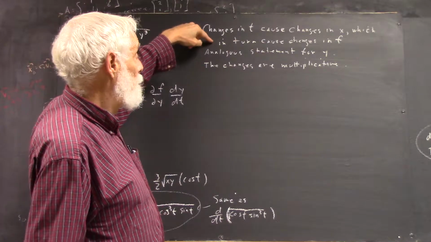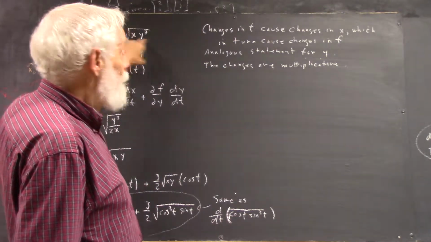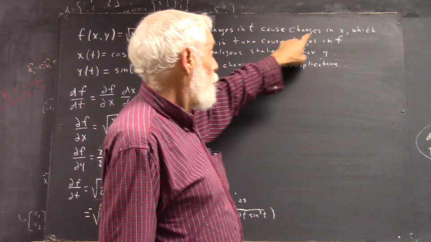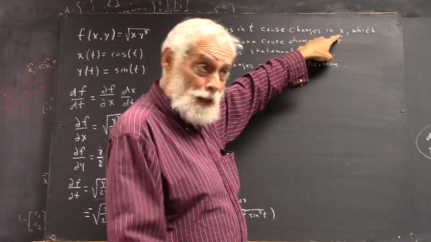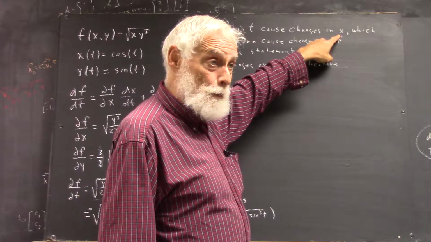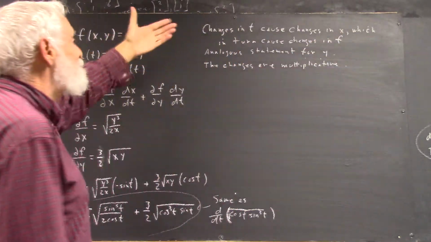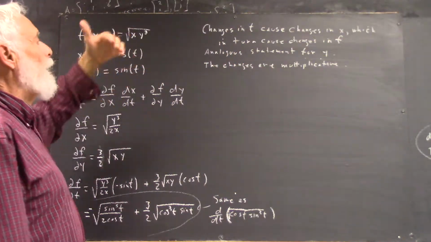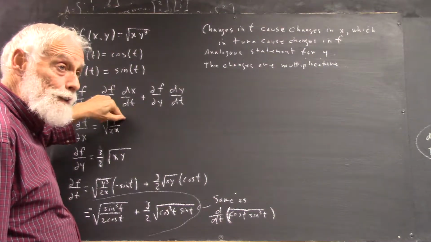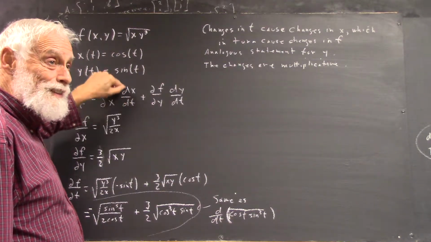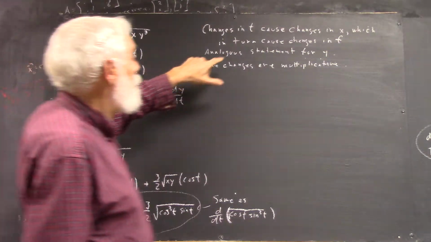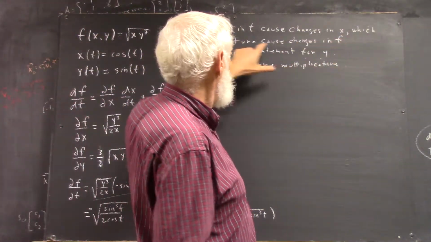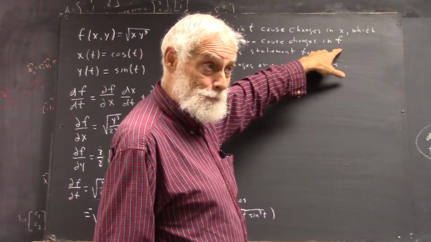But the idea is here, in this case, changes in t cause changes in x, right? T changes somewhat, x changes. Okay? And of course, that rate of change is dx dt, the rate at which t causes x to change. Okay? And then those changes in turn cause changes in f.